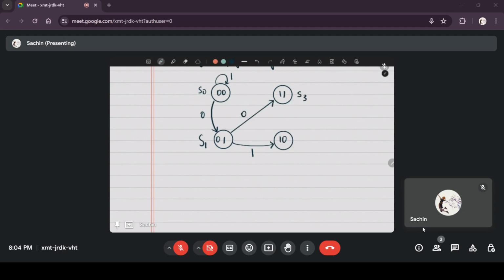This is called S3, this is called S2. In 1 0, it stays in 1 0 if input is 1, goes to 1 1 if input is 0. From 1 1, with input 0 it goes to state S0, otherwise it stays in state S3.